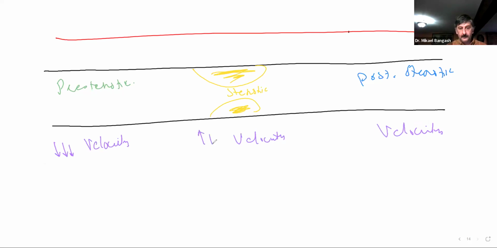Here was where we had the highest velocity.